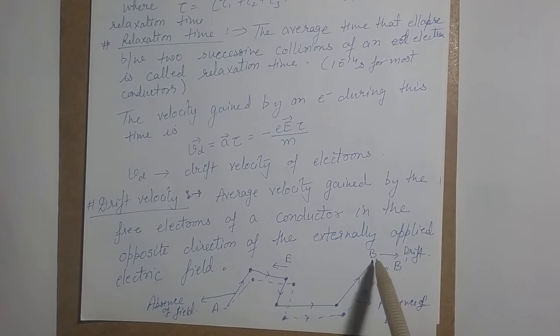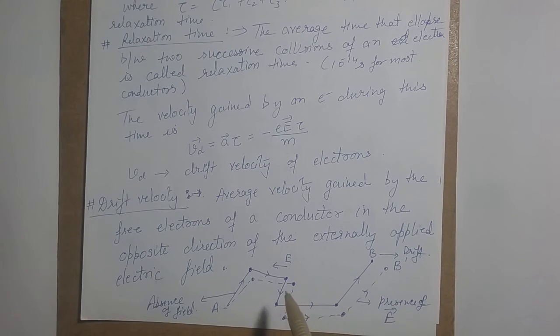So the electron is being drifted. This was its earlier position in the absence of the electric field, and here is the final position in the presence of the electric field. So the electrons are moving fast, they are drifted in the presence of this electric field.